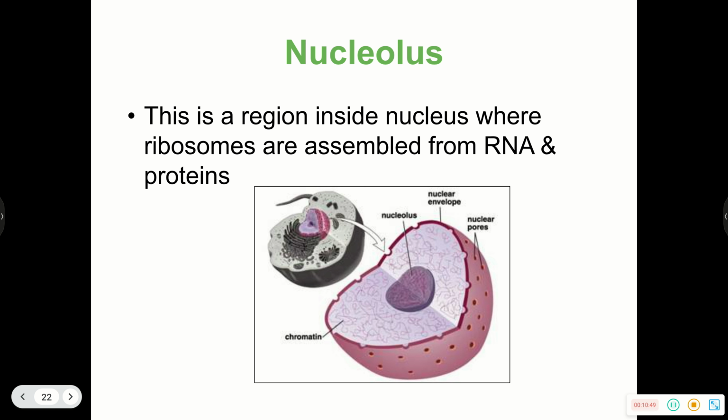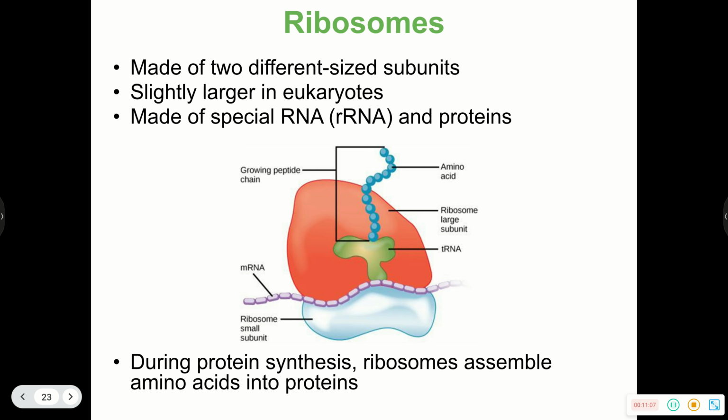Here's where you see the ribosomes are going to be put together. It's kind of like the command center for basically life, because without these proteins, we would not be able to have and sustain life.